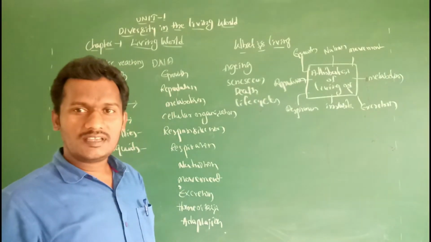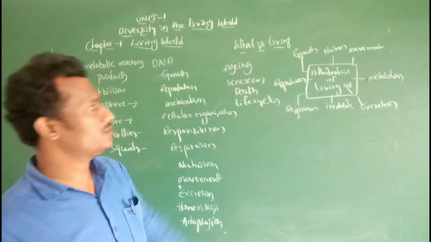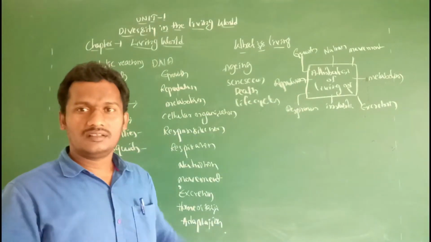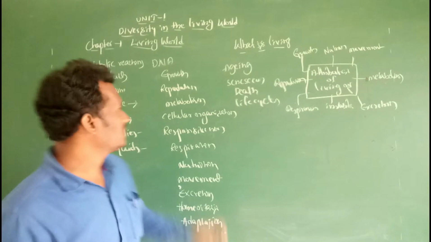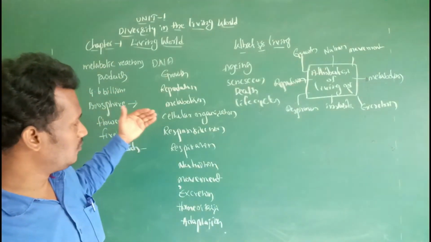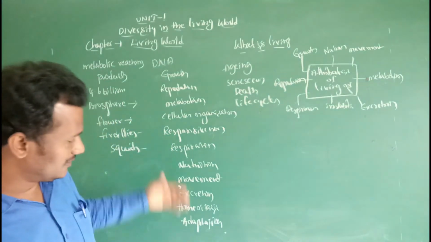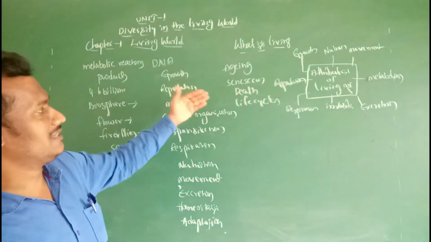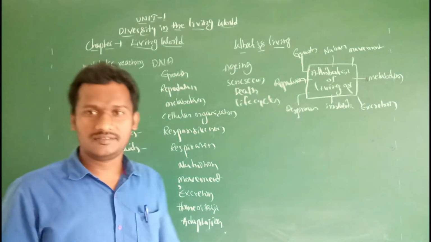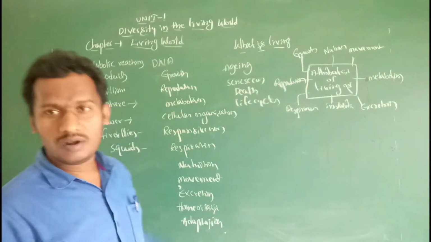A biological entity which expresses all these unique characteristic features and attributes is known as life. We have to discuss all of these one by one.